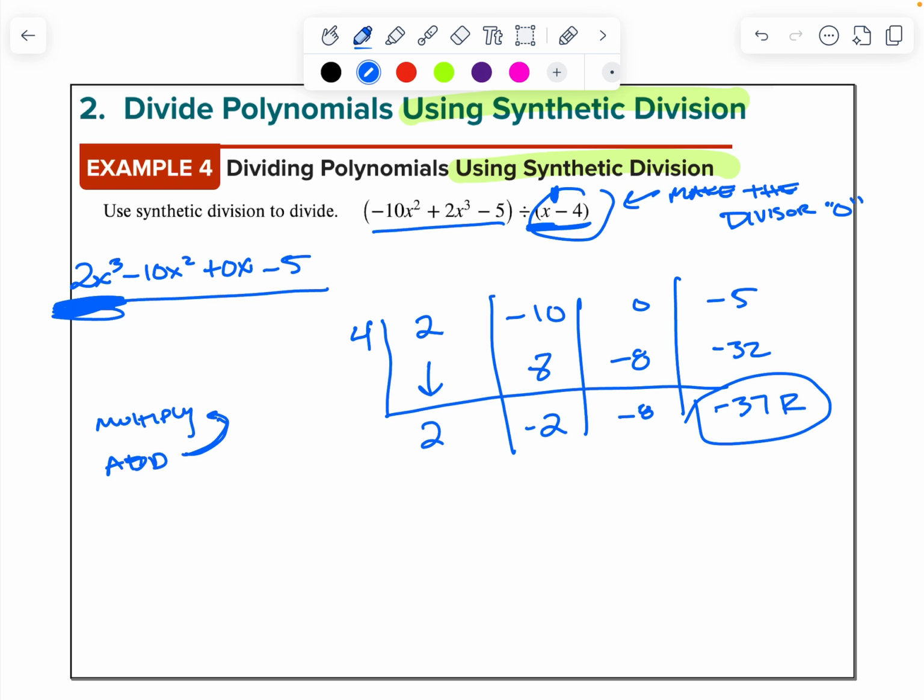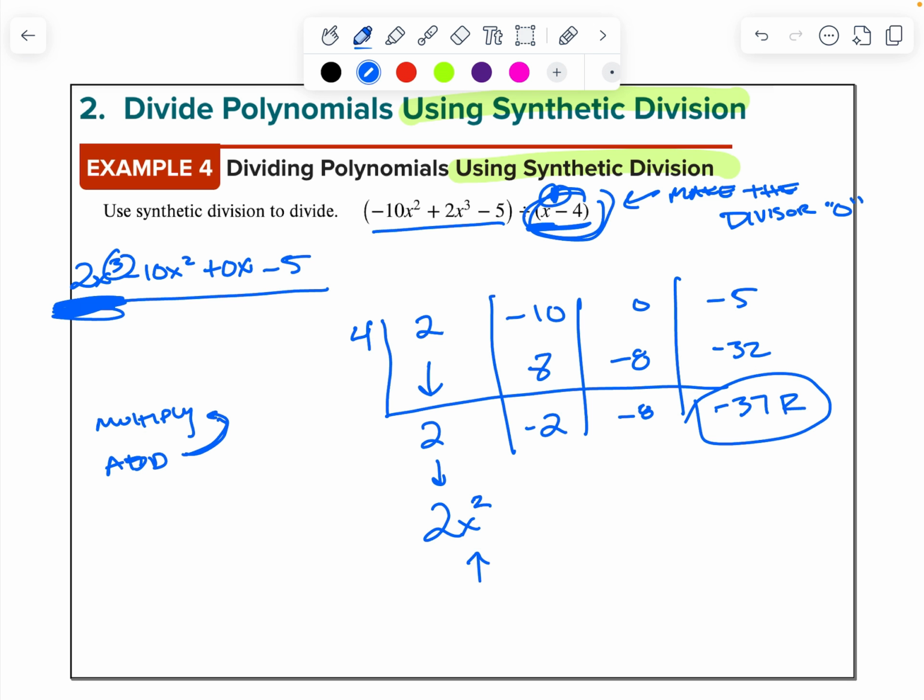This is why I said it just takes a lot less thinking if this is just x and a number, because you're always going to start with 1 less than your highest exponent. My highest exponent was x to the third. My degree was 3. That means in my solution, my highest exponent is going to be 1 less than that, so 2x squared, right?